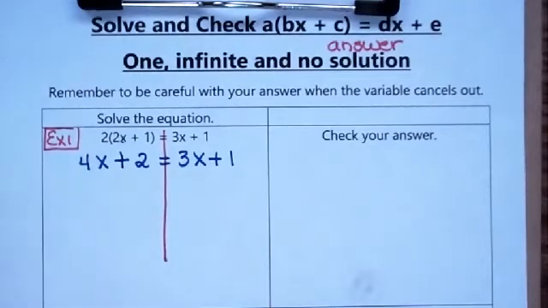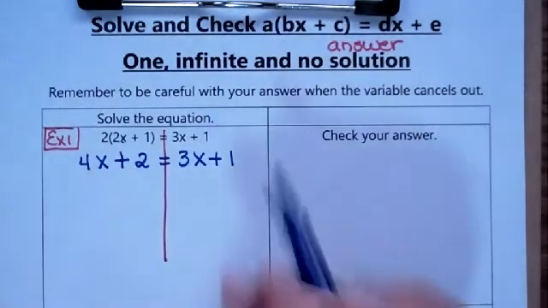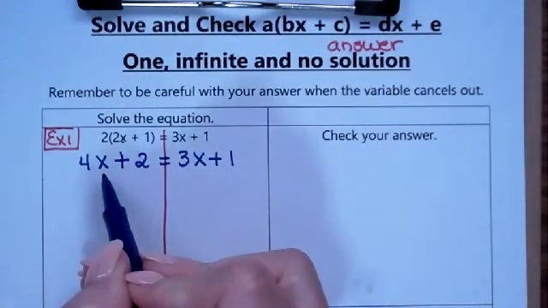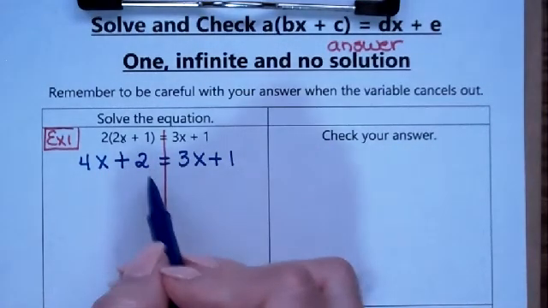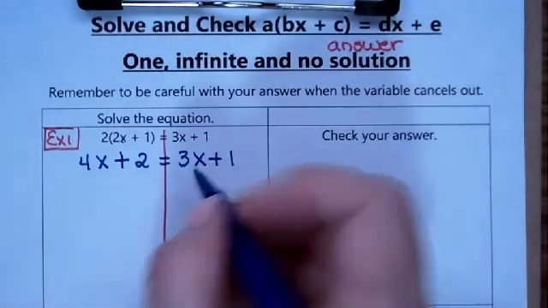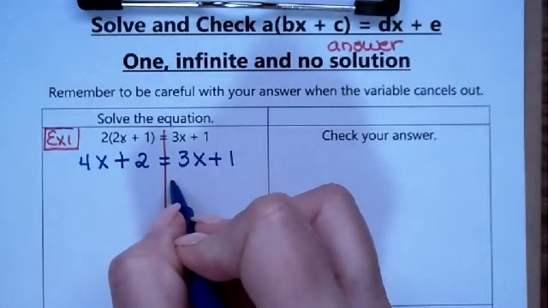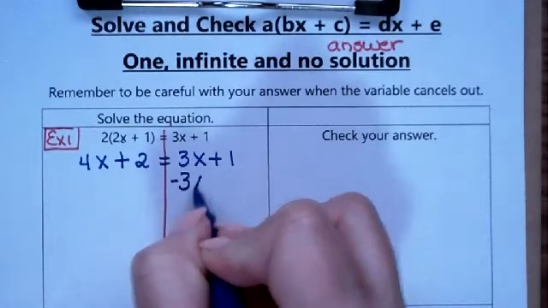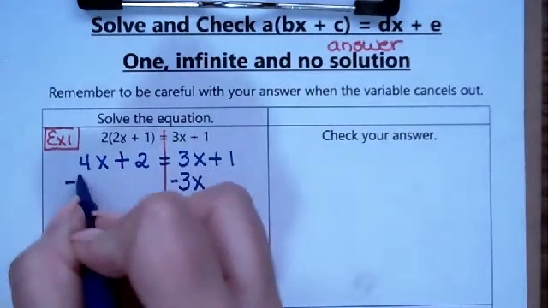Now, this is what we've been doing in the previous 3 or 4 lessons. We're going to take our x's and put them together on one side, and we're going to put our constants on the other side. So I'm going to subtract the 3x from both sides.